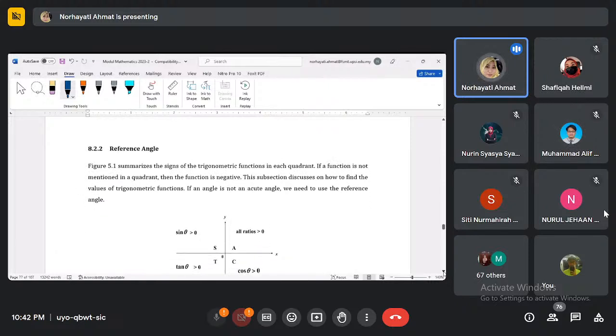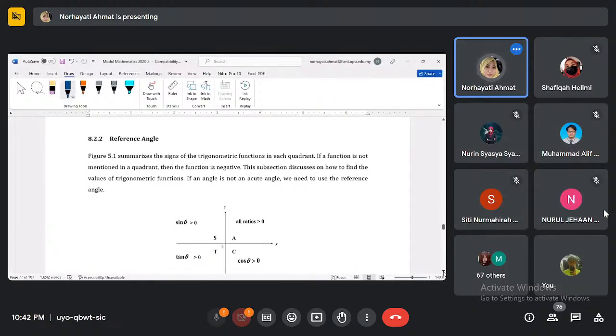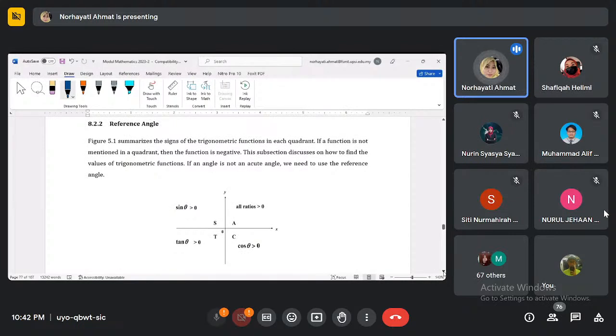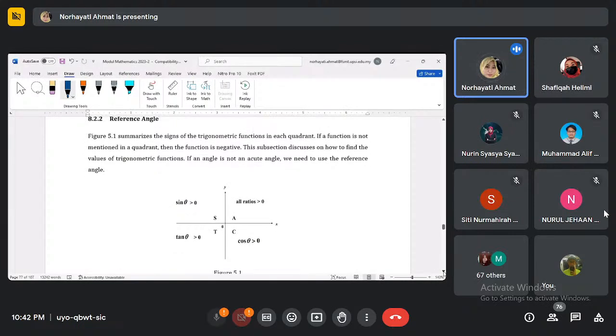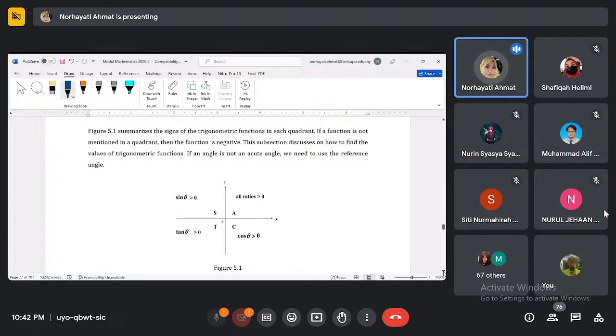Alright. Okay, last section before we stop. Reference angle, sudut rujukan. Kalau bahasa Melayu, dekat sekolah, kalau belajar bahasa Melayu, this is sudut rujukan. Reference angle. Figure 5.1 summarize the sign of the trigonometric function in each quadrant.